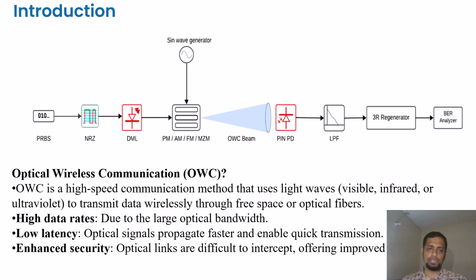We are using light signals because of high bandwidth, low latency, and definitely the security, because outside of the light spectrum or light hotspot, no one can access this system.